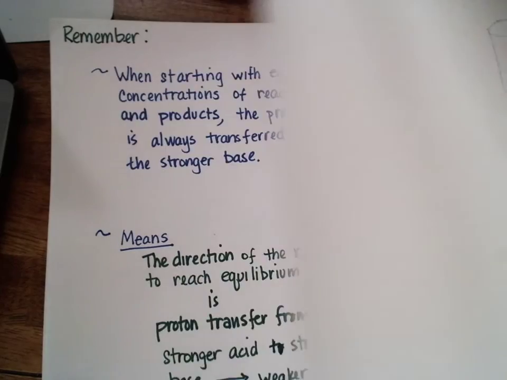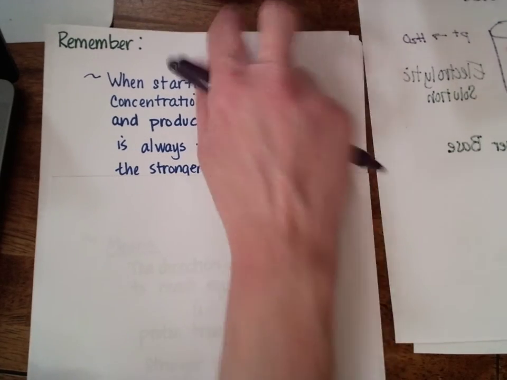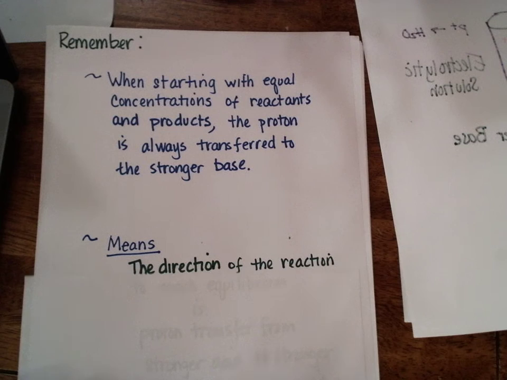Okay, so it's really important to remember when you're looking at this stuff, when you're starting with equal concentrations of reactants and products, and when I say concentrations, I'm talking about molarity. When I have equal concentrations, equal molarities, then my proton is always transferred to the stronger base. Always happens that way.